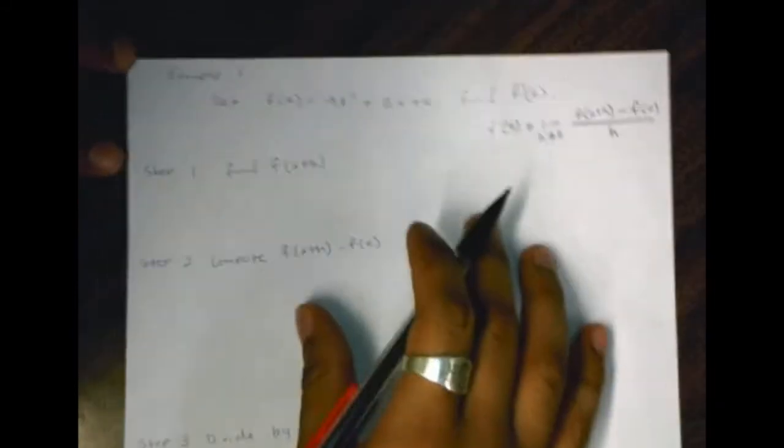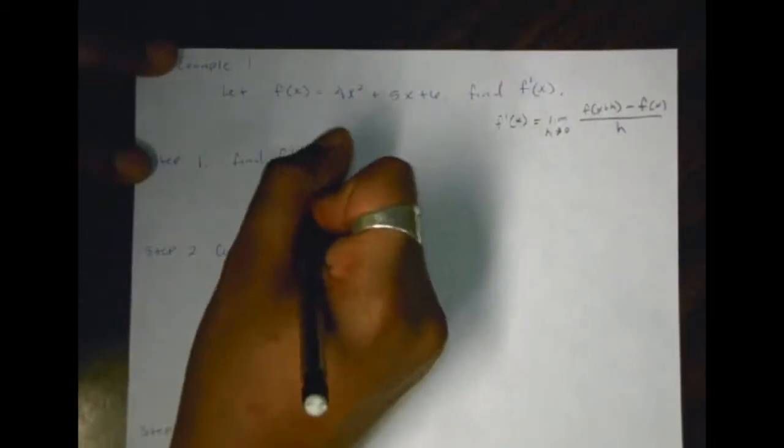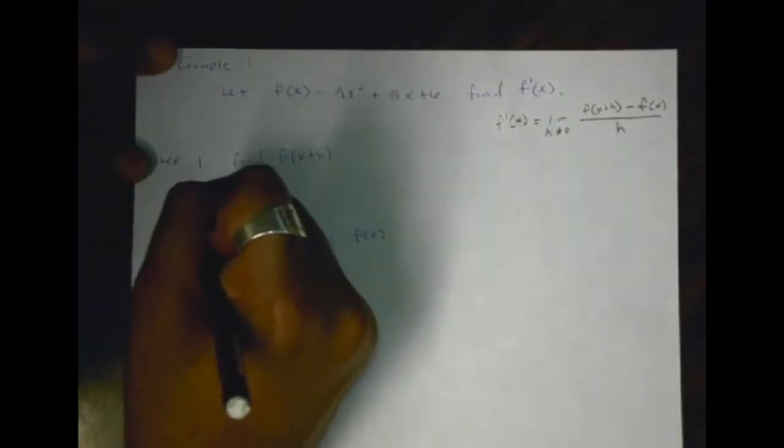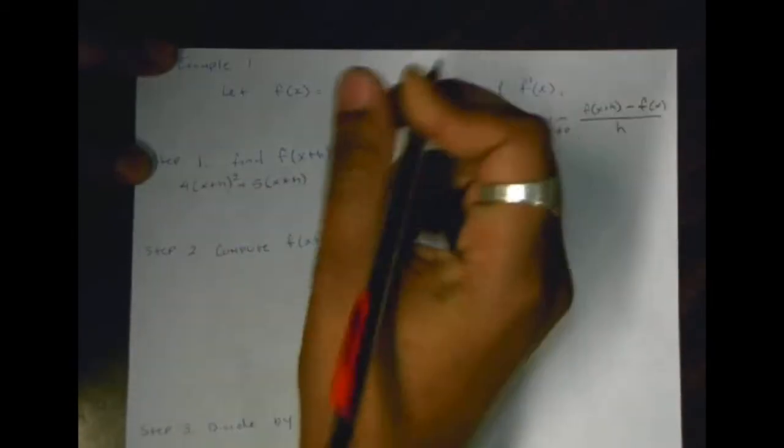Well, I can start by finding f of x plus h. I'll plug in x plus h anywhere I see an x in this function, and I have 4 times (x plus h) squared plus 5 times (x plus h) plus 6.